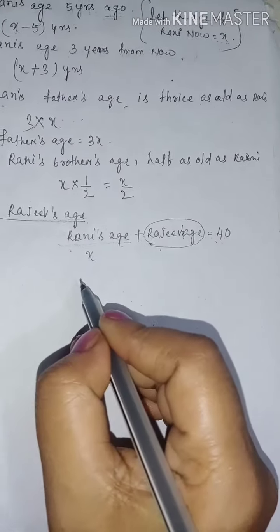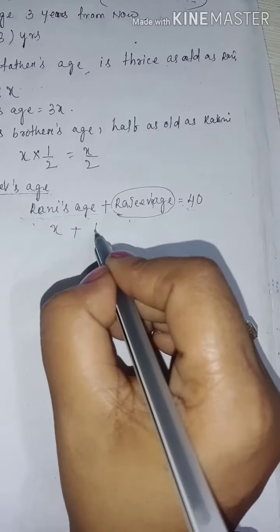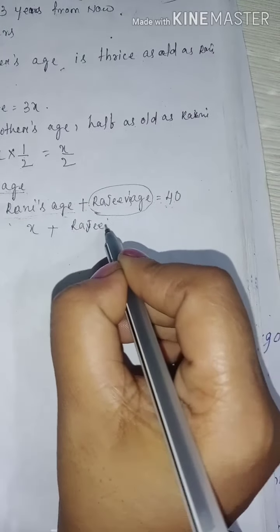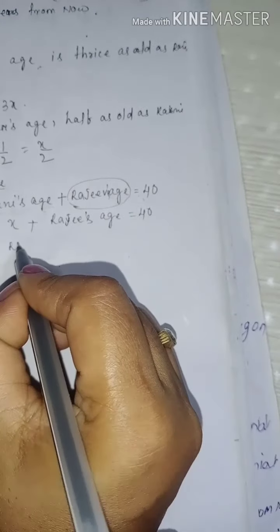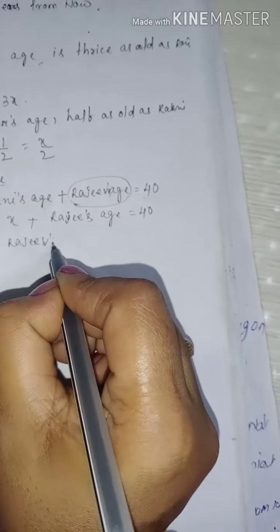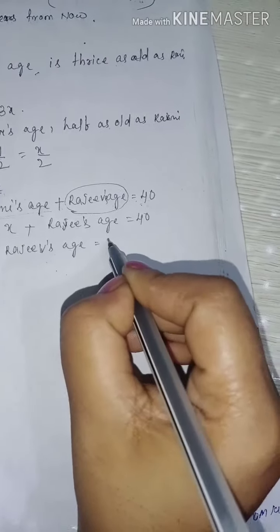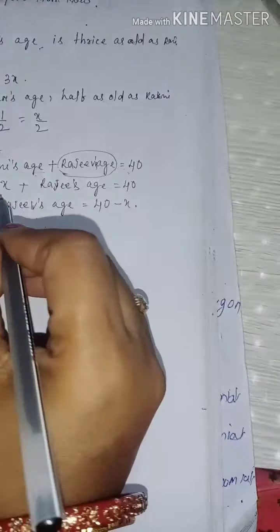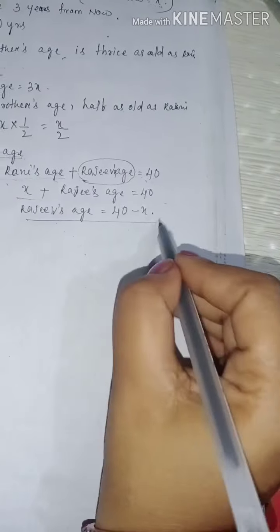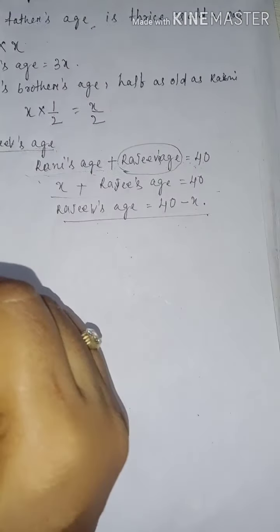Rani's age we know is x, plus Rajiv's age is equal to 40. Then Rajiv's age is equal to 40 minus x. Can you understand? That is Rajiv's age.